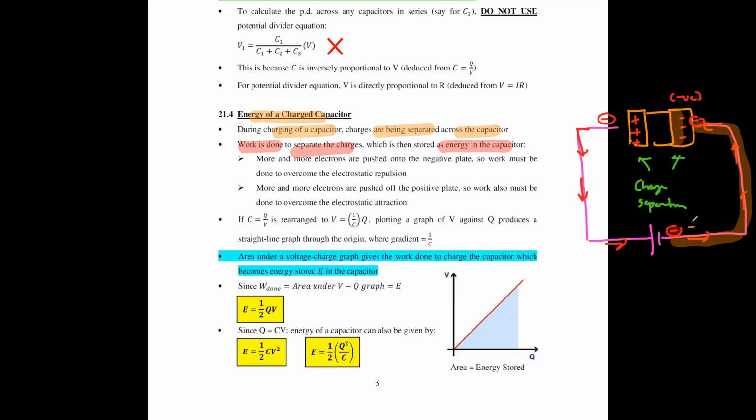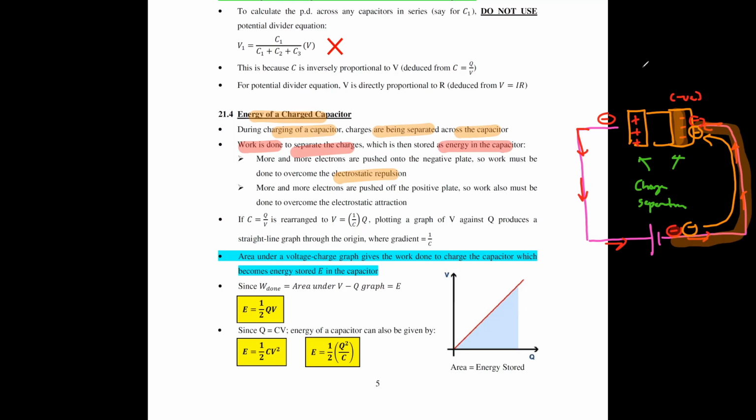If you try to deposit a second electron now, it is harder because the plate is negatively charged and your electron is negatively charged. There will be some repulsion when your electron tries to go to this plate, but provided your force is enough, you will be able to push it and deposit it onto the plate.